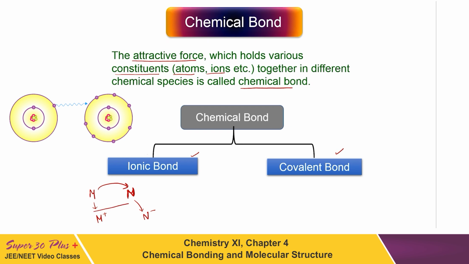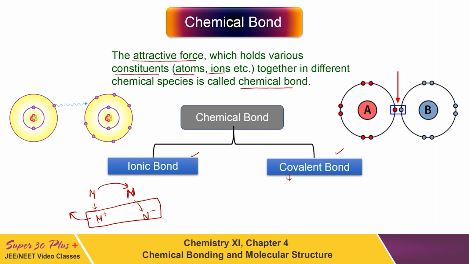And the force of attraction which exists between M plus and N minus is the ionic bond. So the force of attraction between cation and anion is called an ionic bond. While covalent bond is simply formed by the sharing of electrons.